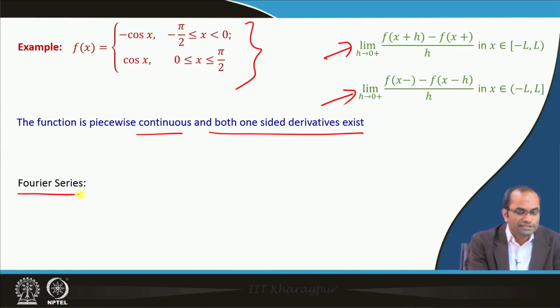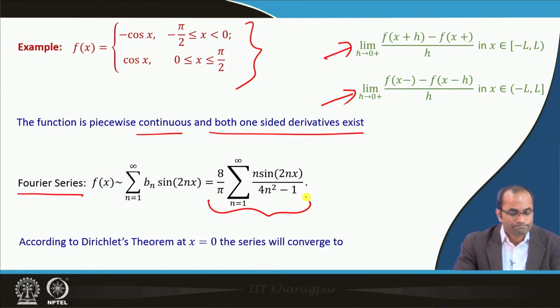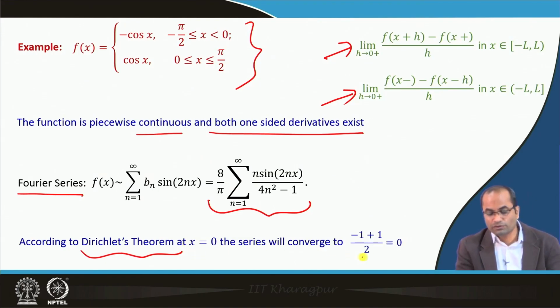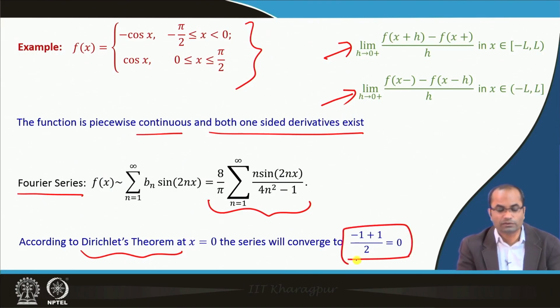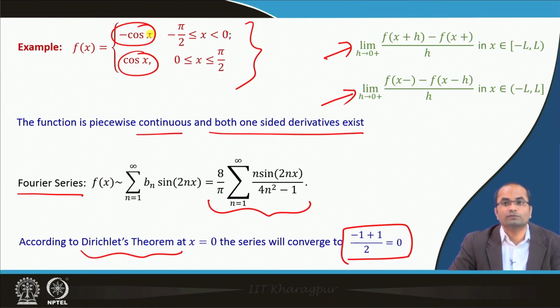So, the Fourier series, which was given by this, according to Dirichlet's theorem, must converge to the average value, because at x equal to 0 we should take the average value. On one side at x equal to 0 the value is 1, and on the other side when we take the limit it is minus cos going to 0, so it is minus 1.